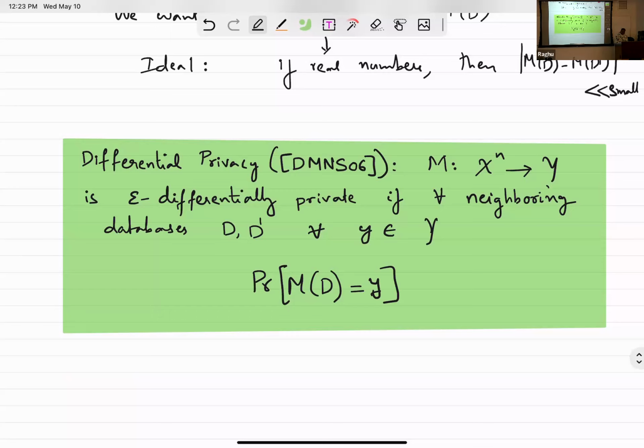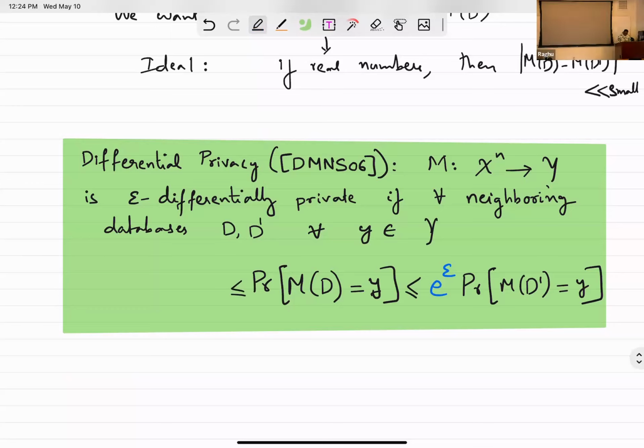The chance that it is 0 under database D should be close to the chance that the same happens under database D prime. So you want these two probabilities to be close, and they have to be close multiplicatively. For all D and D prime, you need to have this. And if you have the upper bound, you also get the lower bound from the same logic.